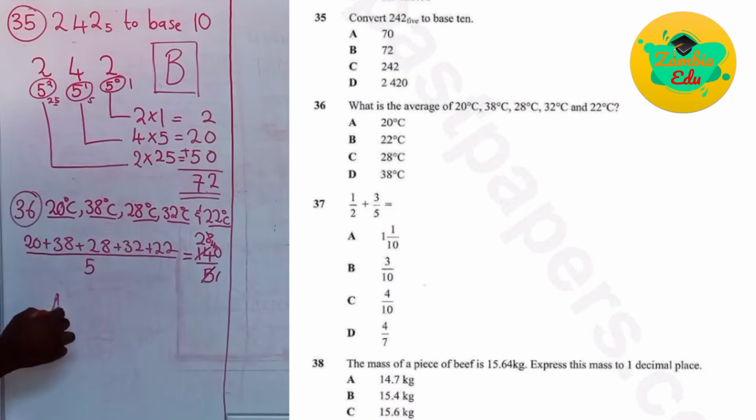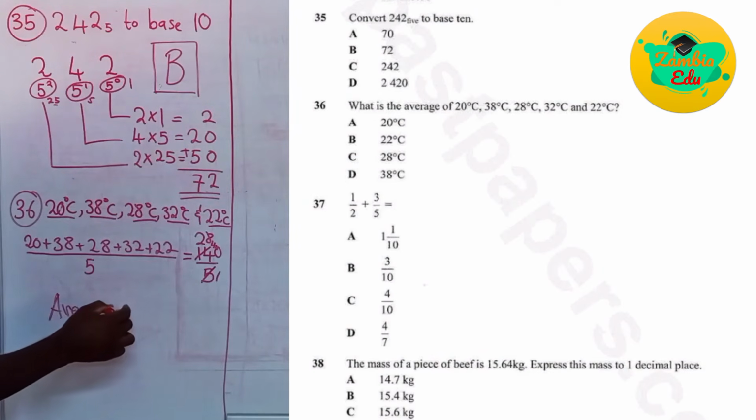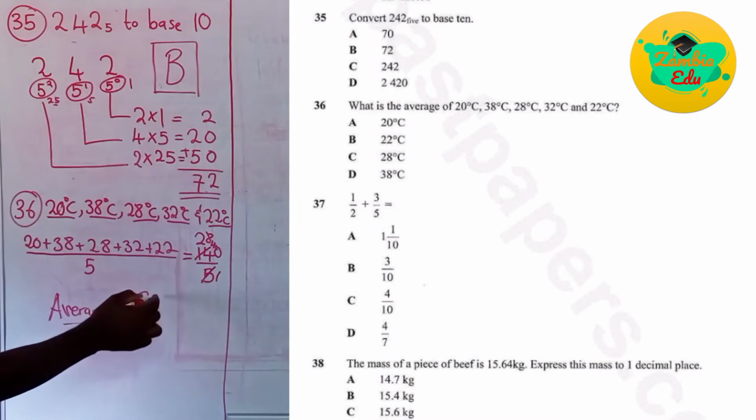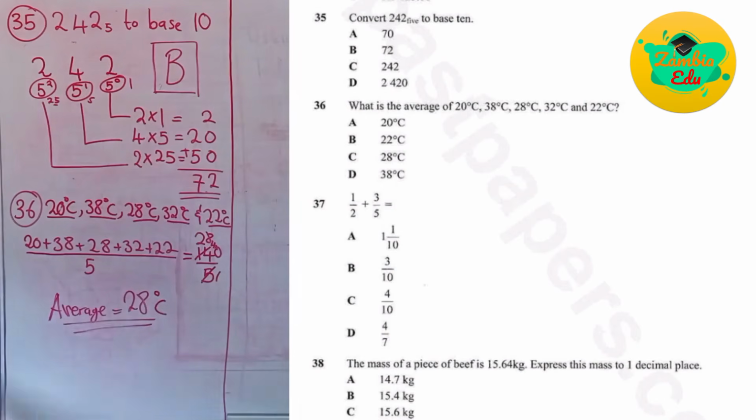So our average there is equal to 28 in that way. And when we look at the multiples which we had, 28 degrees Celsius is represented as option C. So on question 36, the answer was C.